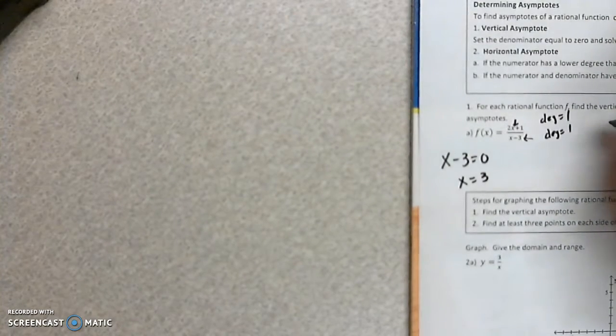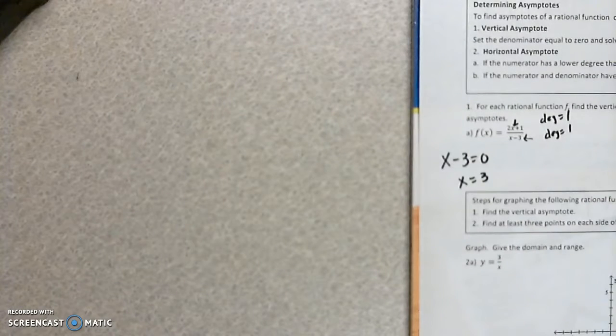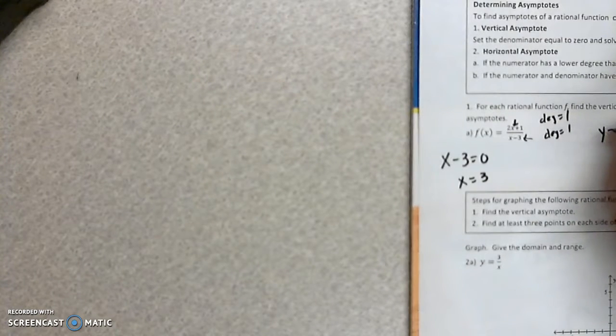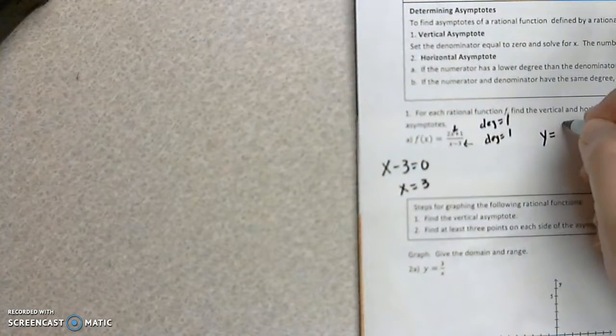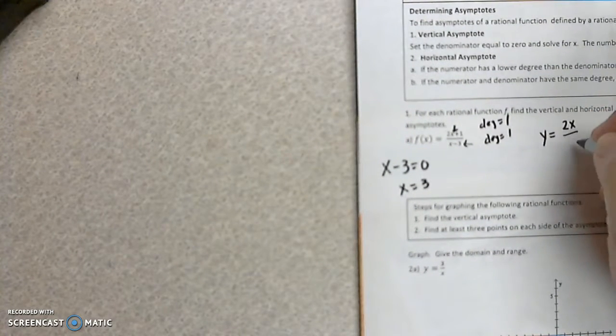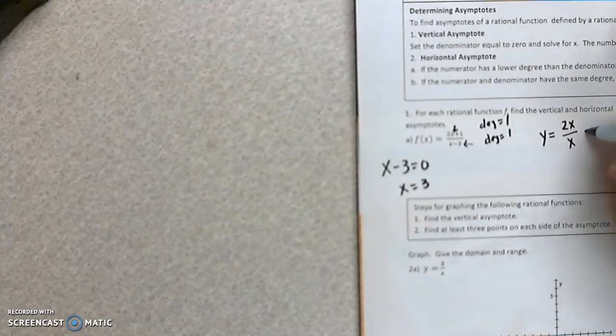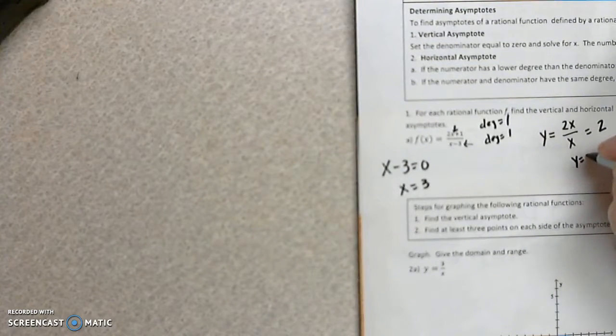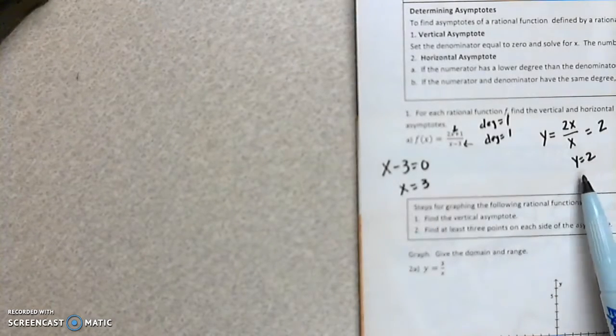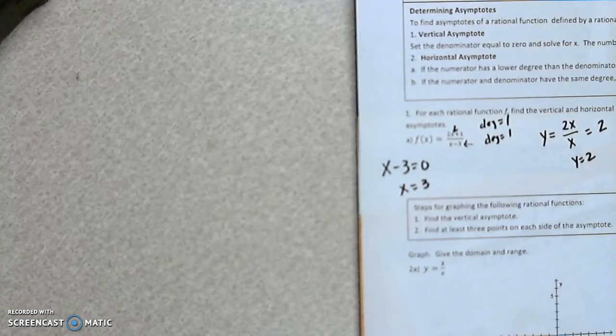To find my horizontal asymptote, I take the two terms, 2x over x, and I simplify them. The x's divide each other, and 2 divided by 1 leaves 2. So I would have a vertical asymptote where x is 3, and a horizontal asymptote where y is 2.